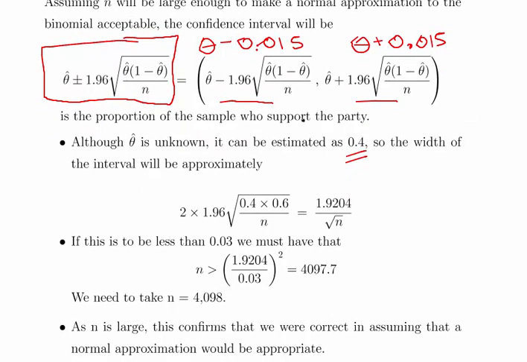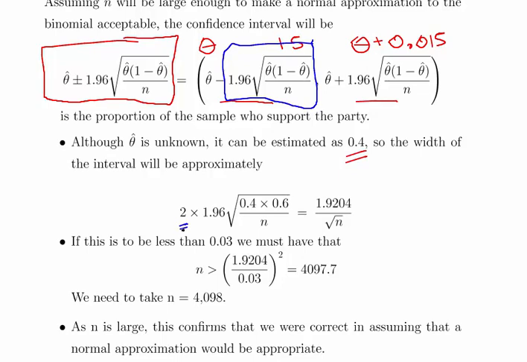And so the difference between the upper and lower bound here is 0.03, which is to say twice this bit here. So let me do that again. Twice this bit here. Okay, just multiply that by 2. That gives us our interval. Okay, so this is where this 2 is coming from.